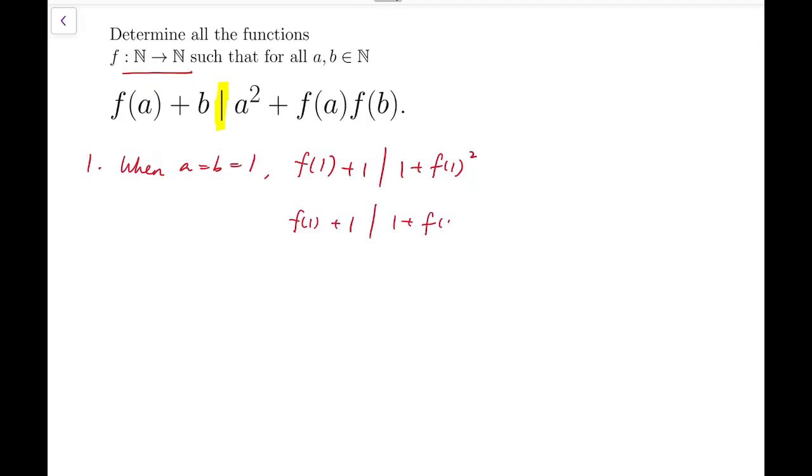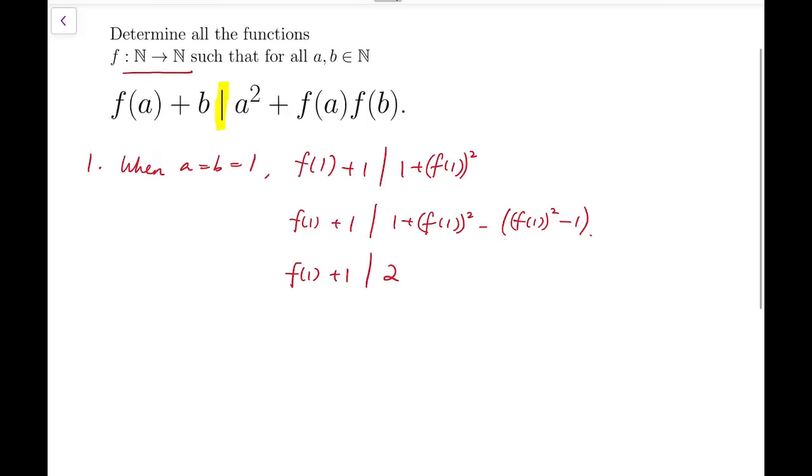And in this case, I'm going to subtract f(1) whole squared minus 1. This expression is clearly a multiple of f(1) + 1 because of the difference of squares identity. So we know that f(1) + 1 divides 2.